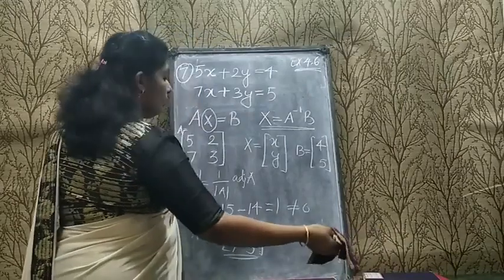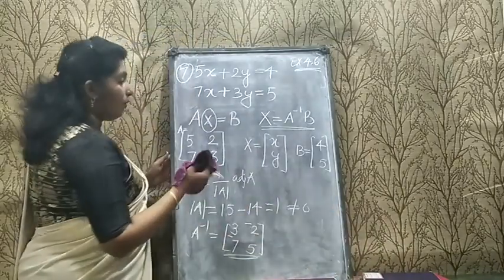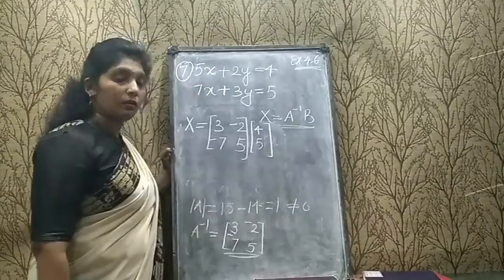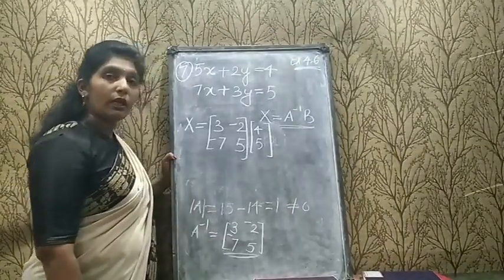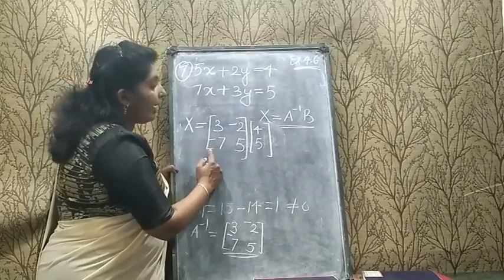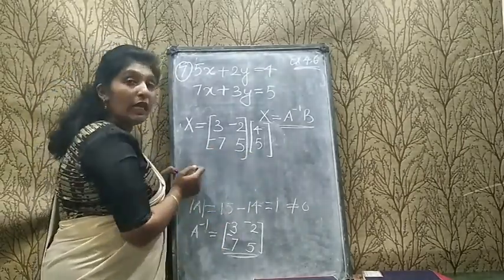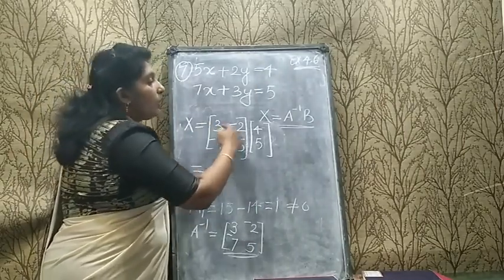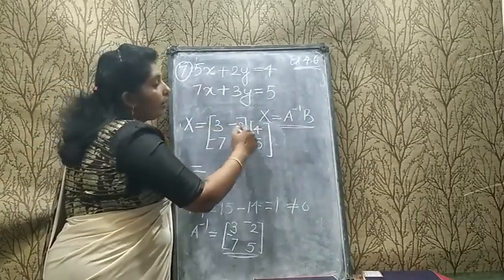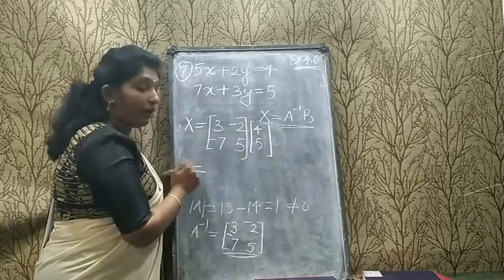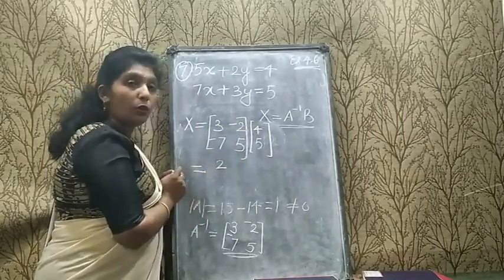Here I am not having space, so I will write it here. I have written X as A inverse into B. A inverse we got here, A inverse into B, that is equal to. Just find the product: 3 into 4, 12, minus 10, that is equal to 2.